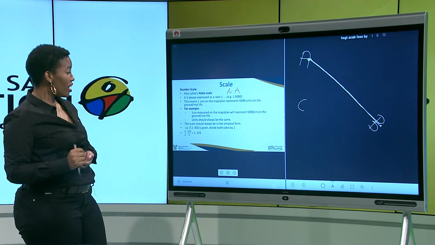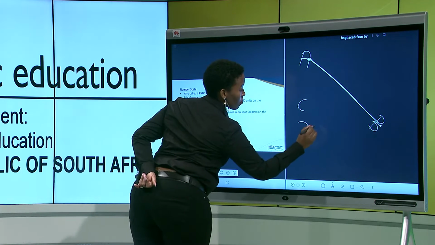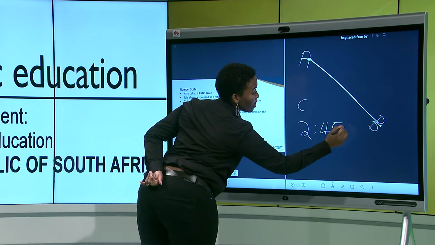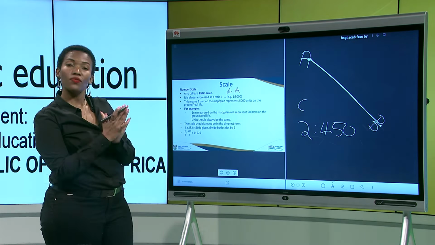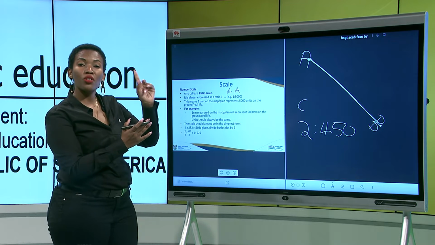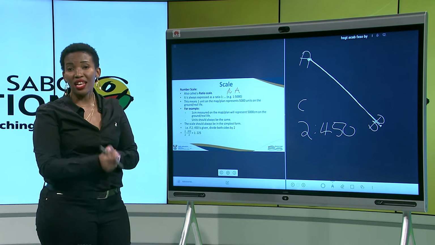Let's say you are doing your calculations, and you got a scale to be 2:450. This 2:450 is not in its simplest form, because on this side you still have 2, and then you have 450. It means when you say it's in its simplest form, one of the ratios has to be 1, because from 1, we cannot simplify it any further.